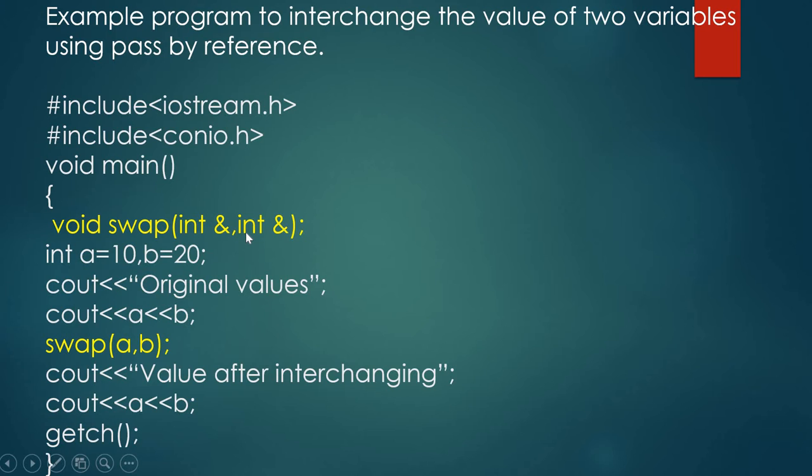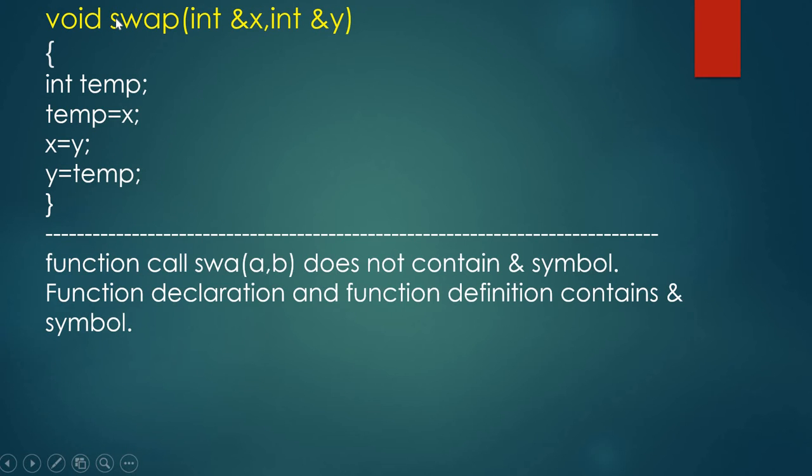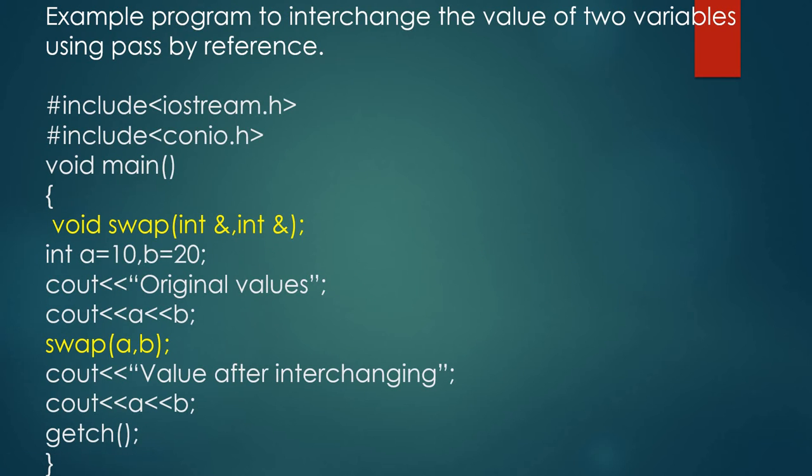That is function declaration or function prototype. Then this is the function call, means calling that function. After that the function body, this is the function definition, the actual function.